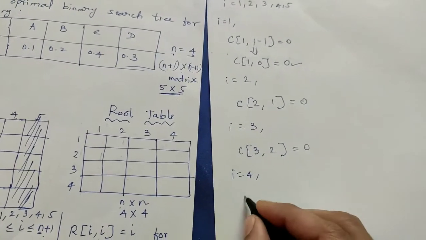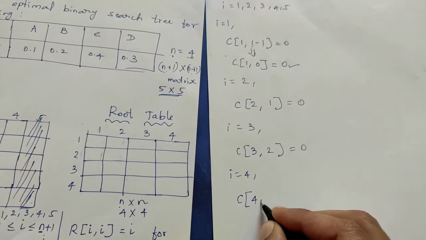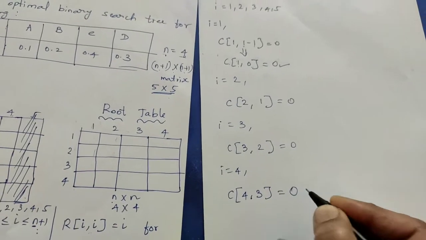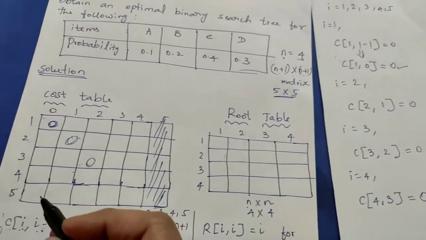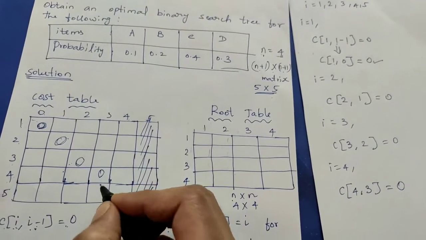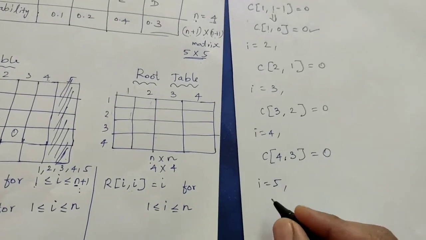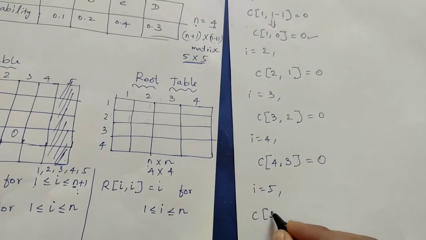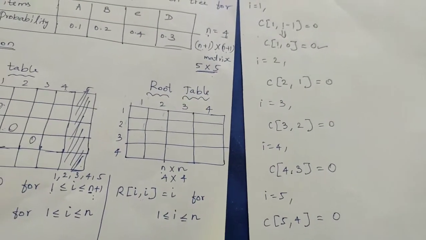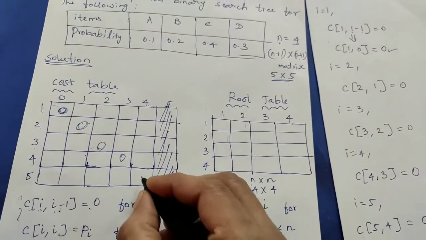C of 4 comma I minus 1 means 4 minus 1 is 3, set it as 0. So go to your cost table, set C of 4 comma 3 as 0. So finally I am going to process I value as 5, cost of I is 5, 5 minus 1 means it is 4, set it as 0. So C of 5 comma 4 should be set as 0.